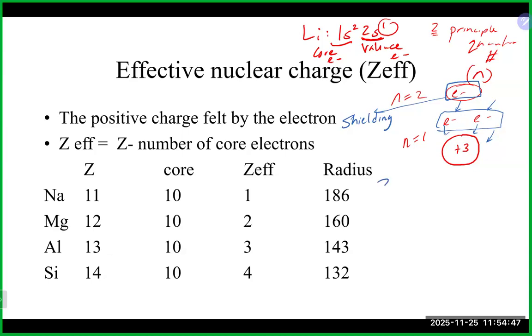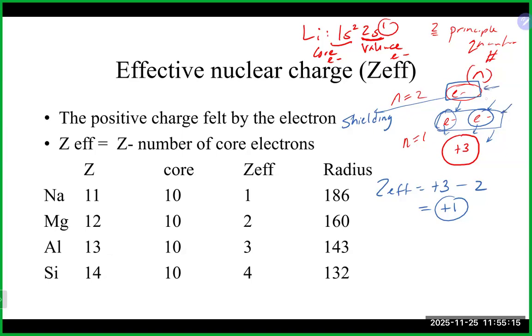You could actually calculate Z effective by taking the positive charge of that atom minus the number of electrons that are providing shielding, and you get the effective charge that that outer electron is feeling. So instead of feeling an attraction to the nucleus of +3, it is feeling only a +1 attraction, which is not as strong as obviously our core electrons down here.